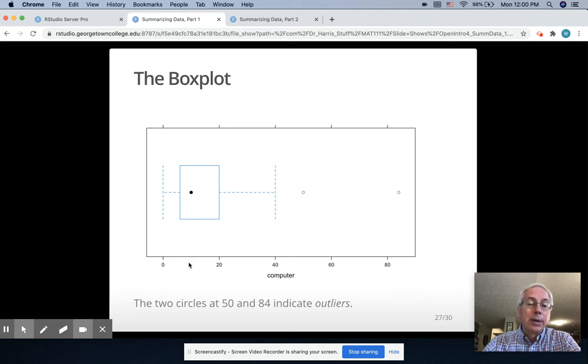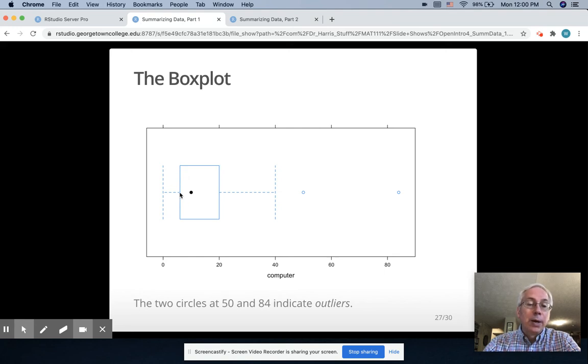This dot, median. Then around the dot here, we've got a box. And so this is the box part of the box and whisker plot. And when we've got our variable represented horizontally, it's the ends, the left and right ends, that tell us about the quartile location.